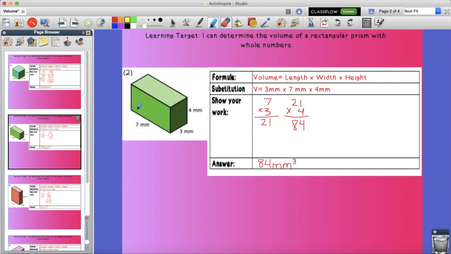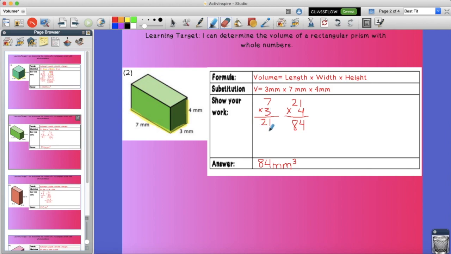Let's look at number 2. This is a rectangular prism where the length, width, and height are right here for you. The length is 7, the width is 3, and the height is 4. I'm going to multiply my length and my width. 7 times 3 is 21.